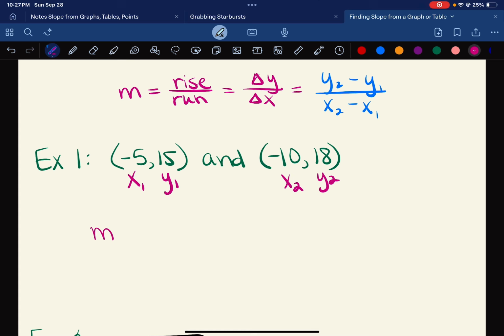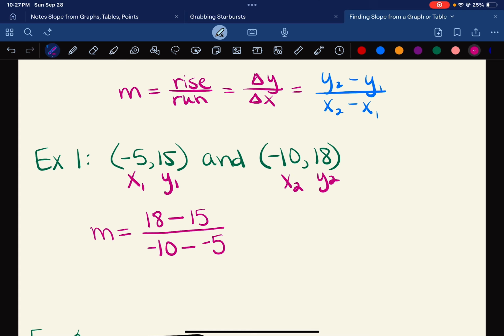So our slope is going to equal y2, which is 18, minus y1, which is 15, over our x2 value, which is -10, minus our x1 value, which is a -5.